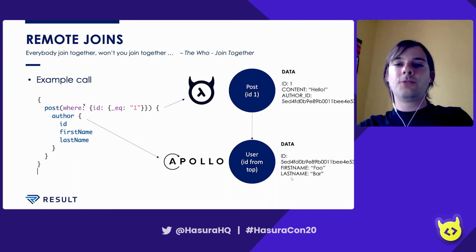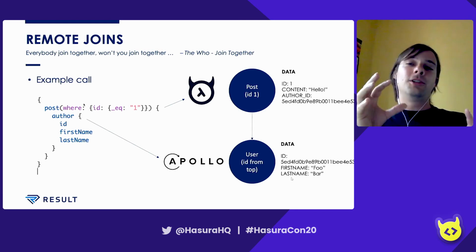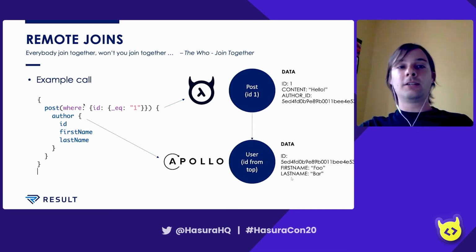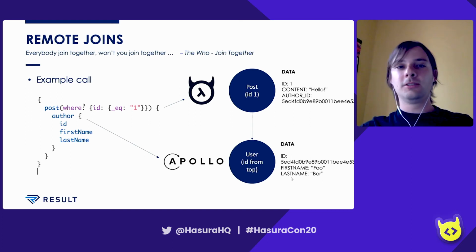So if your relation does not exist, it returns an empty object or an error, depending on what your implementation looks like. But this is basically what remote joins do. So instead of having two tables connected together in a database, you can actually connect your data to another GraphQL server, just like if it was a Postgres table and we had some relations on it.